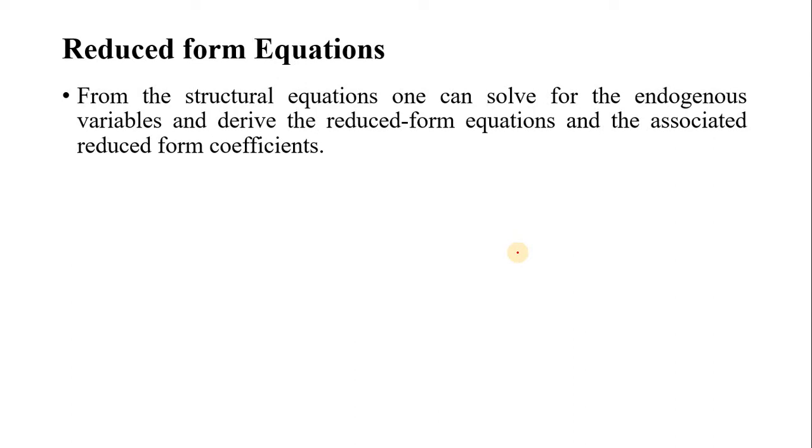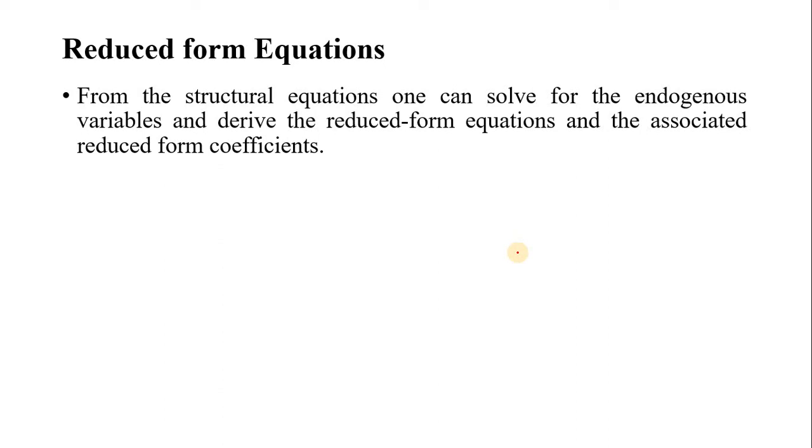Here, in the equations, mutually interdependent variables are called endogenous variables. Okay, so in each equation, there will be two endogenous variables. Okay, so an endogenous variable that is appearing as an independent variable, you remove this variable and you substitute the second equation here.